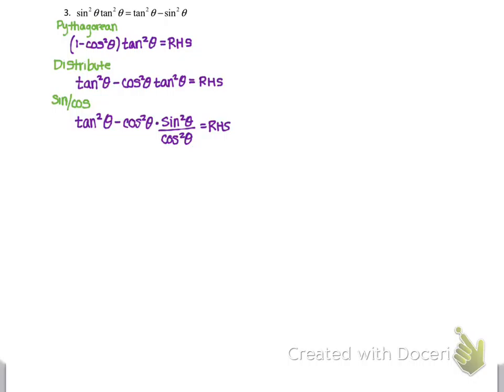So my cosine over cosine will simplify, leaving me with exactly what I need, which is tangent squared theta minus sine squared theta.